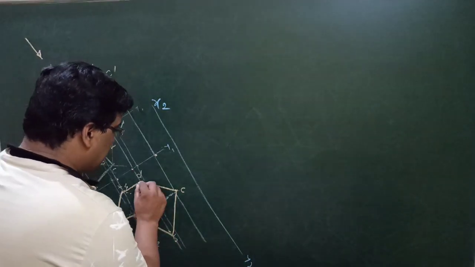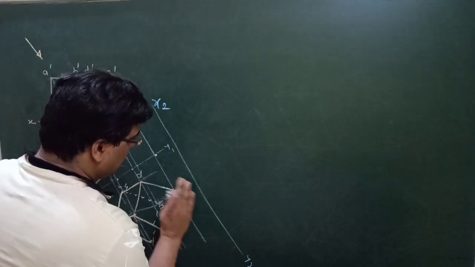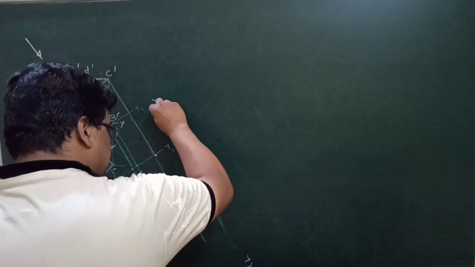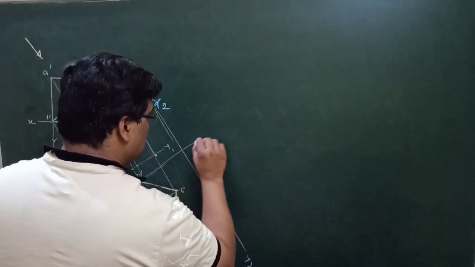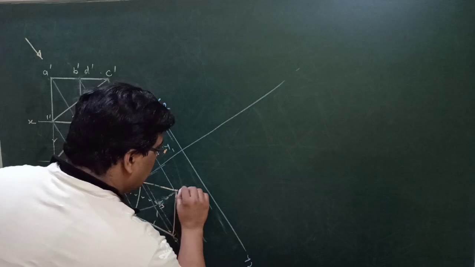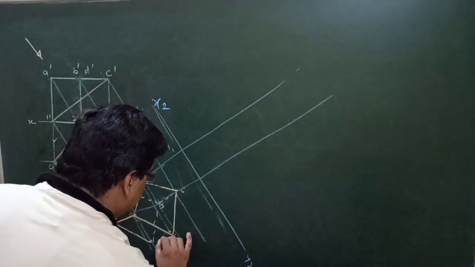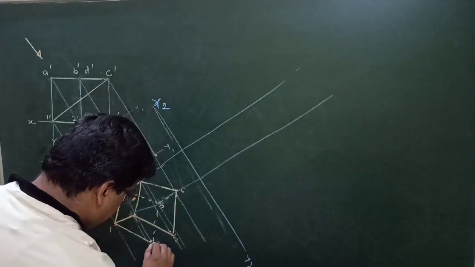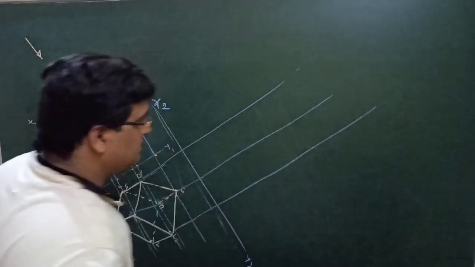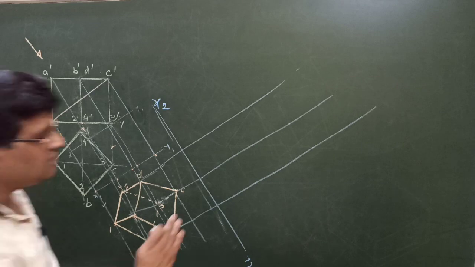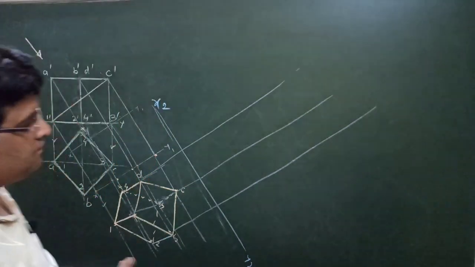And we draw the perpendicular lines on this line. So 3 perpendicular lines will be drawn here.